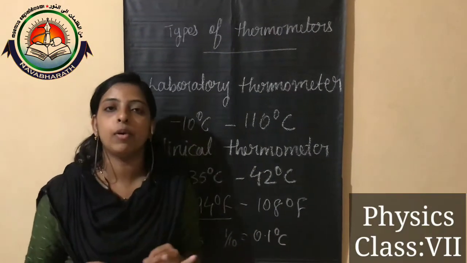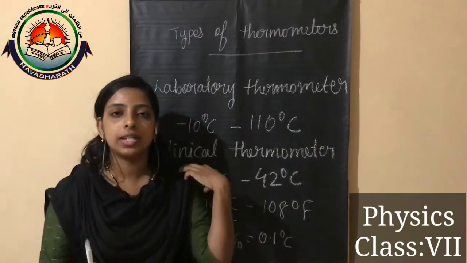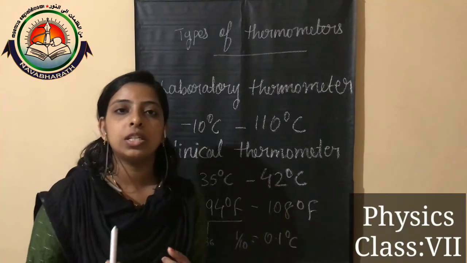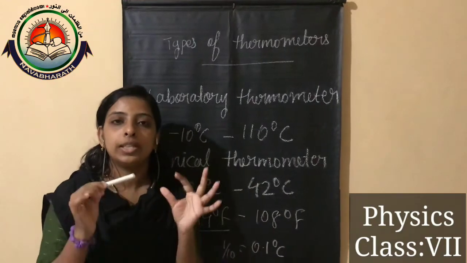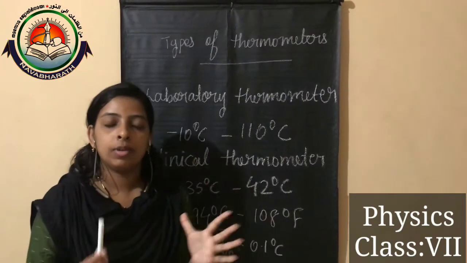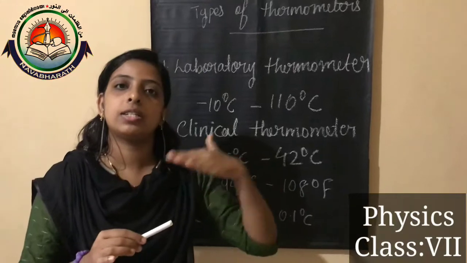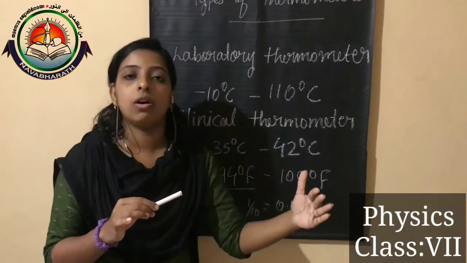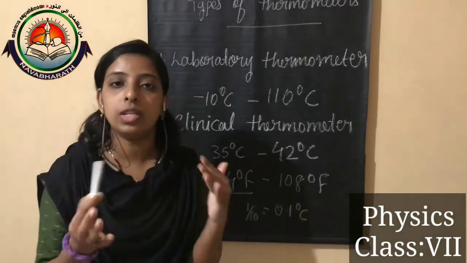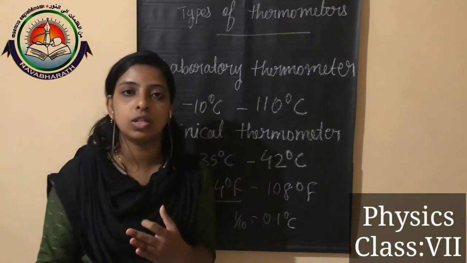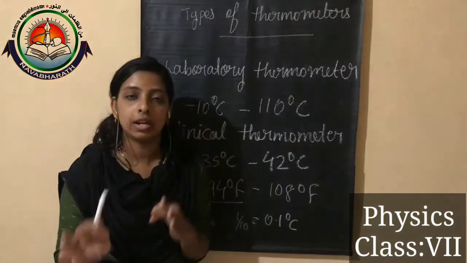And the third point is that we should handle it with care. If the thermometer touches or hits a sharp object, it will lead to breakage. So to avoid this, we have to handle it carefully.